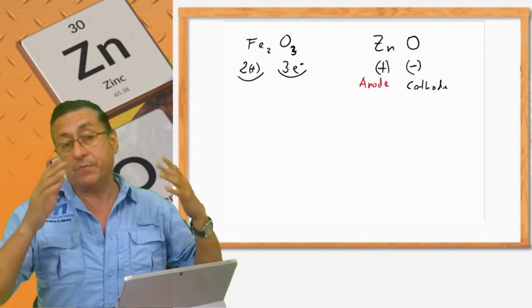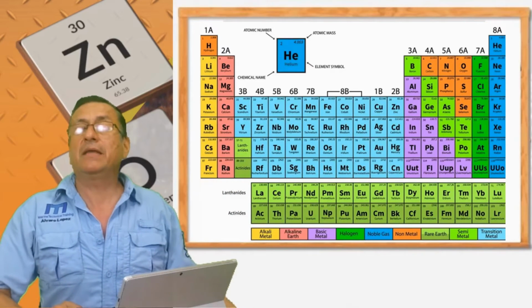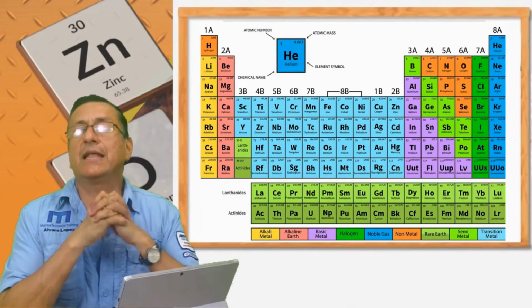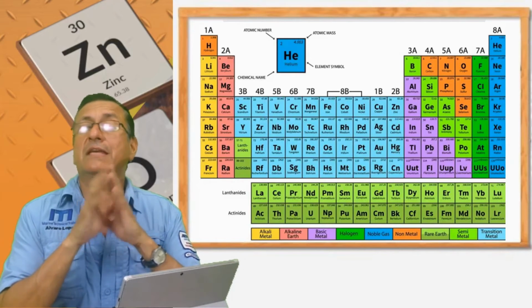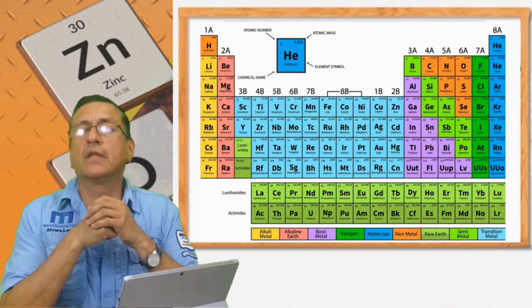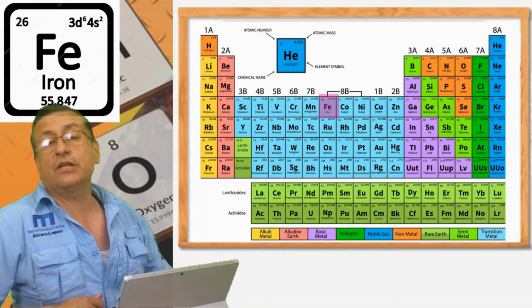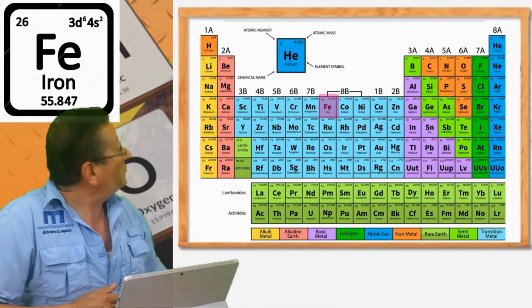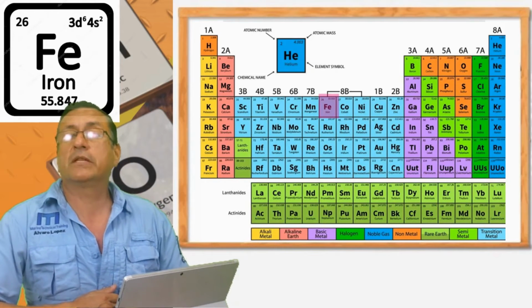According to our previous classes, I explained that the metals have excellent properties. The metals in general are excellent conductors of electricity, all the metals. For example, iron is located in the transition metals, and iron works with 3 electrons in the last orbit.